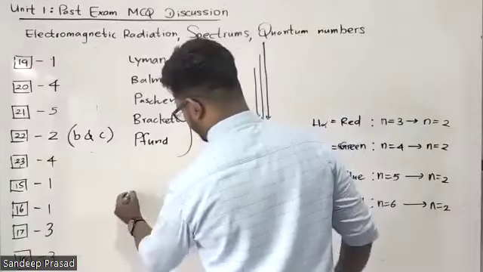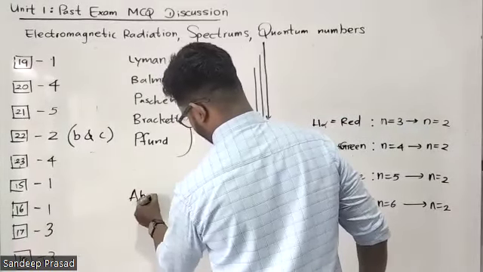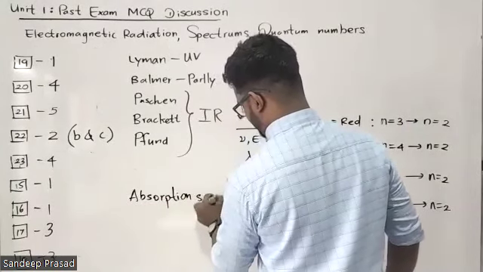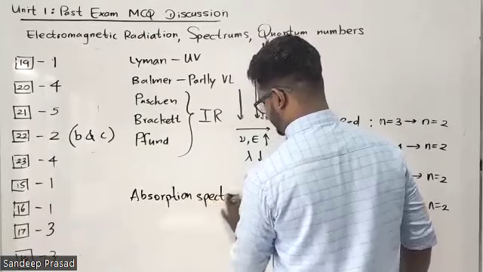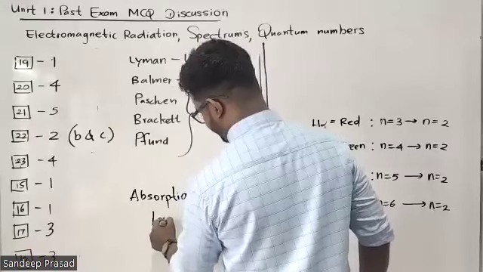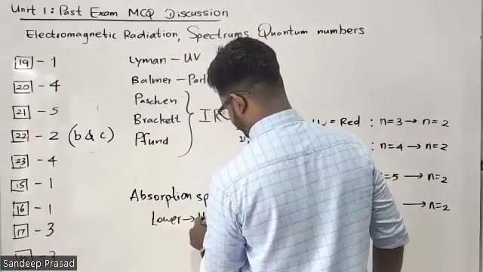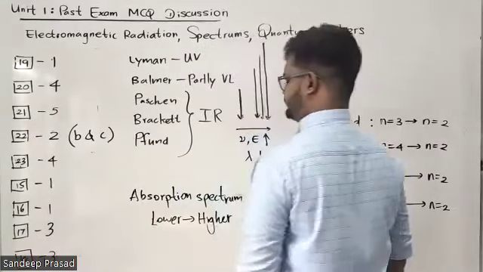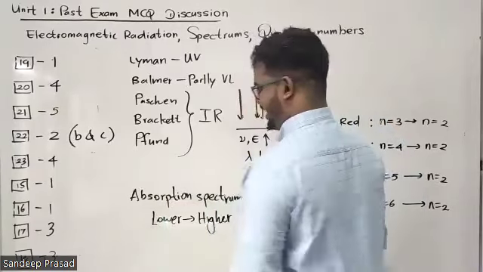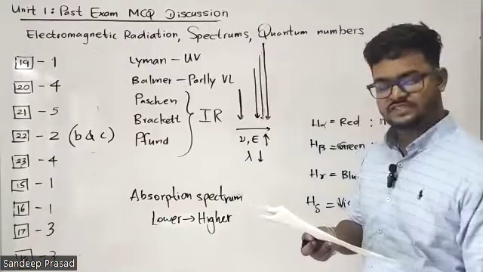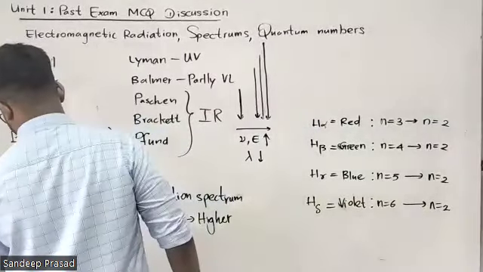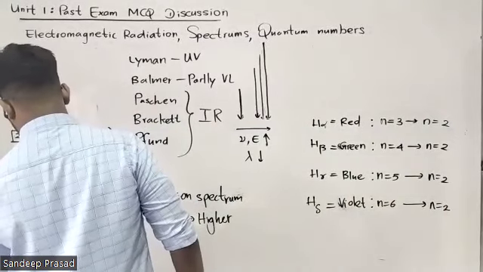Remember, an absorption spectrum occurs when electrons move from a lower energy level to a higher energy level. Emission spectra are obtained when electrons move from a high energy level to a low energy level. So therefore, the fifth statement is wrong. Question number 24, the answer is the second one.